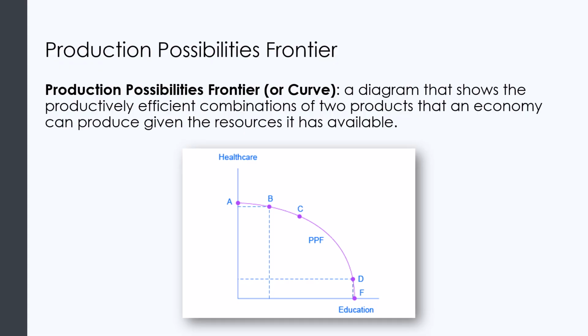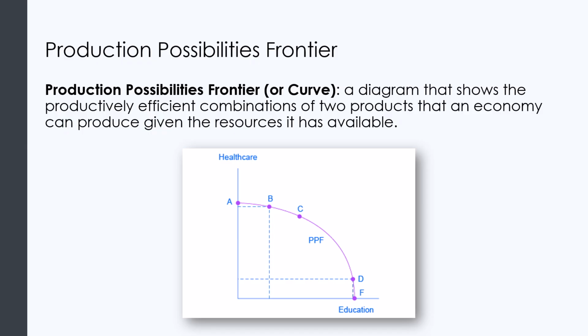As we expand our concept of the budget constraint into the macro context, we see a slight adjustment. Most of the time, it's not going to be a straight line.